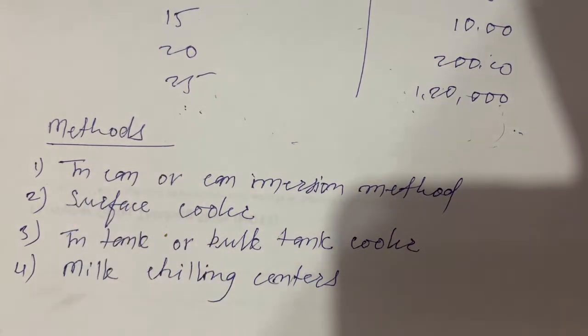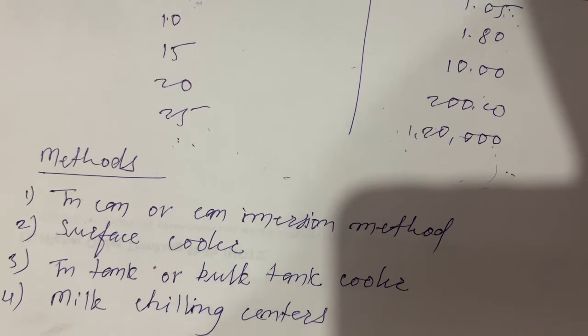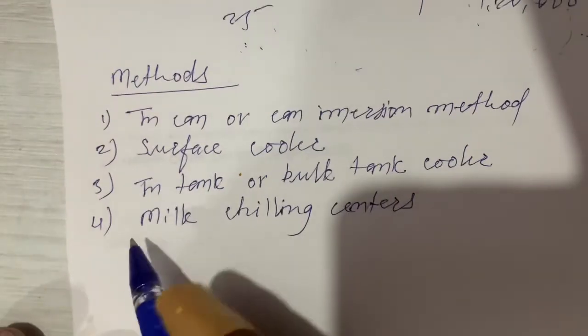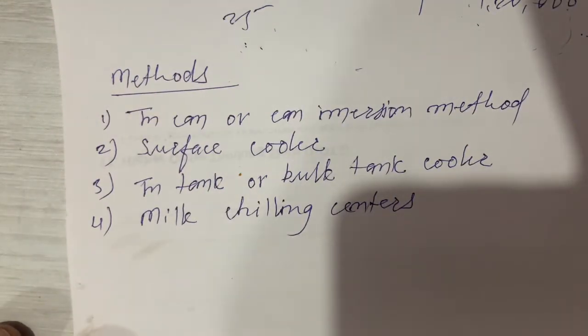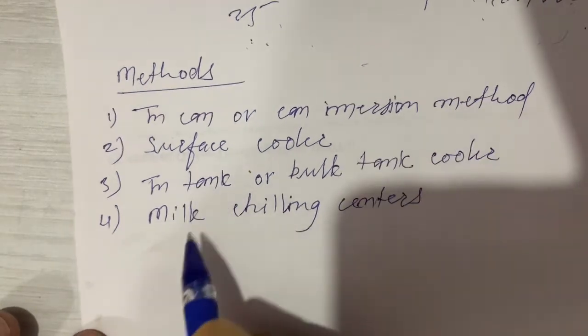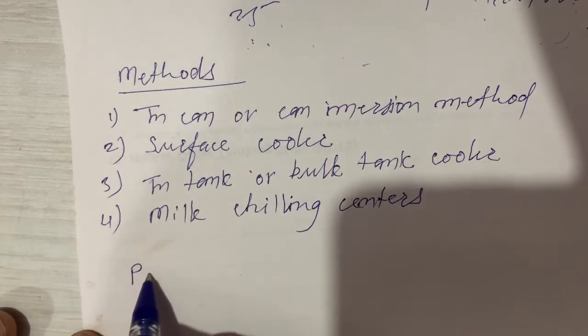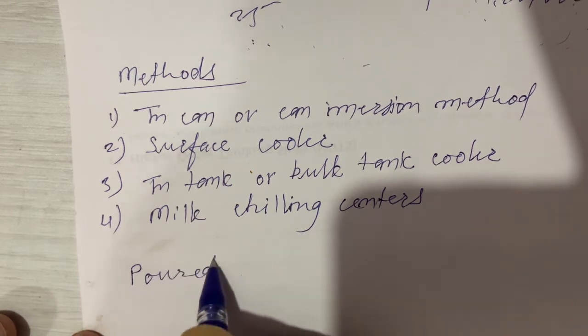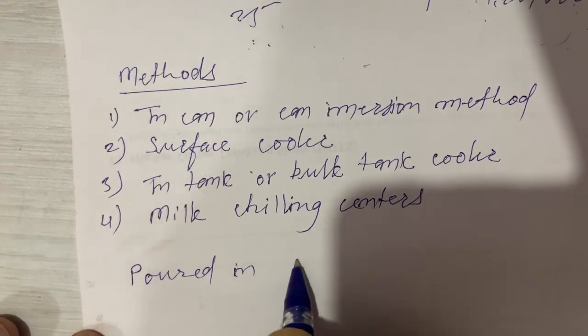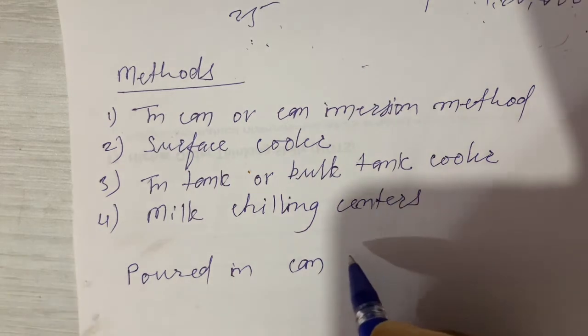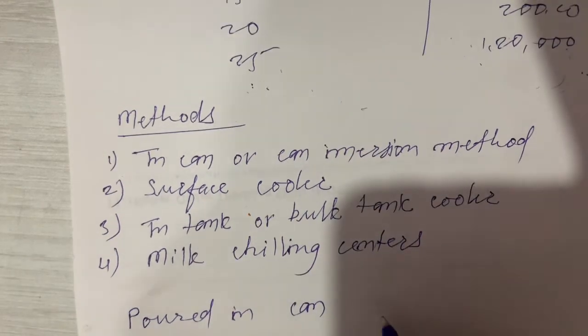The number 1 is the in can or can immersion method. Milk is poured in can by straining.